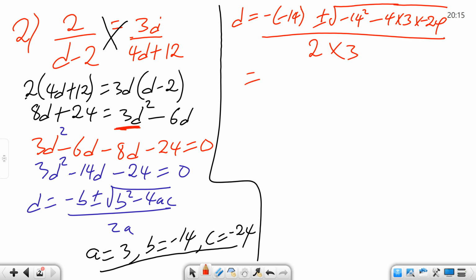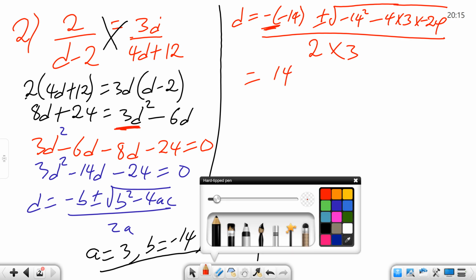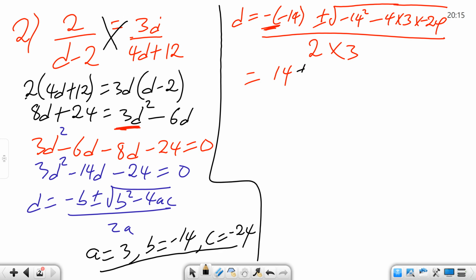Simplifying this, we have plus 14 plus or minus the square root of 196, then we have minus 4 multiplying 3 and multiplying minus 24 would give plus 288, all divided by 2 times 3 is 6.